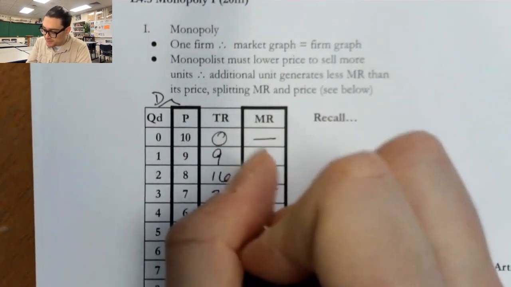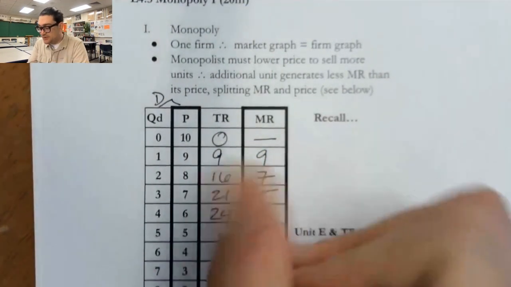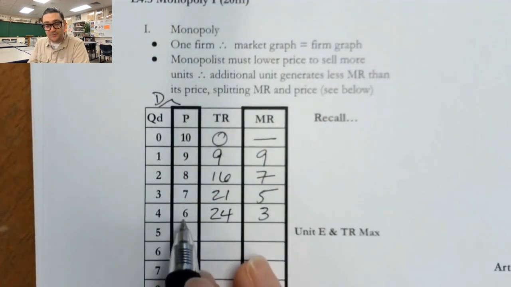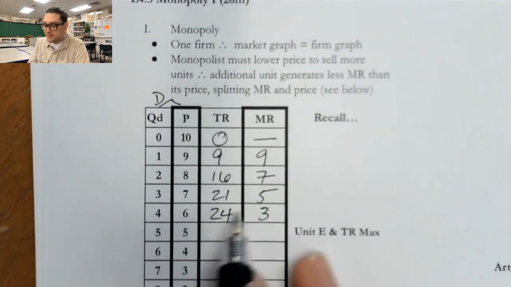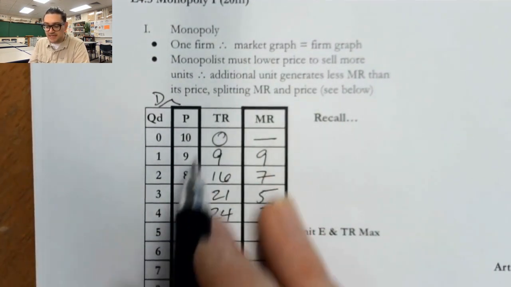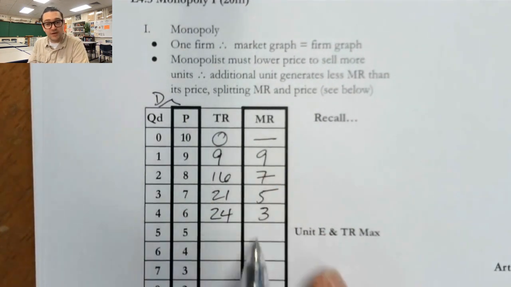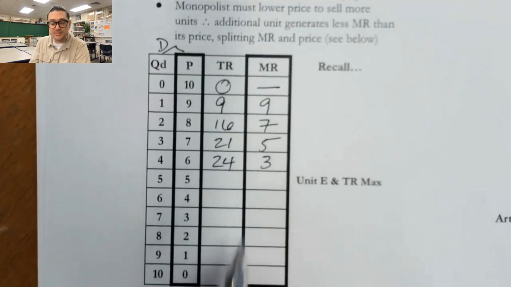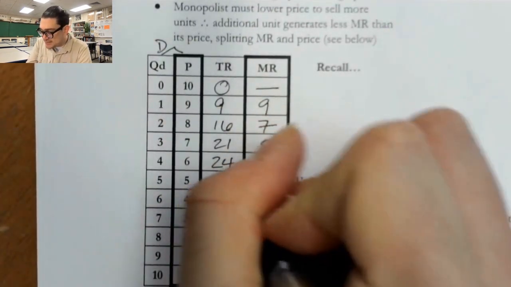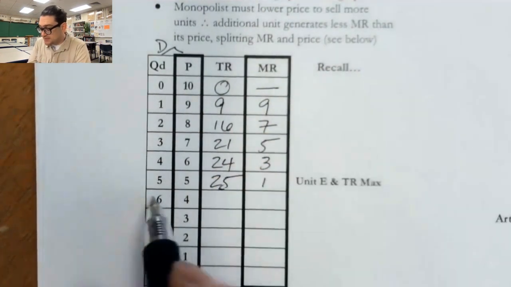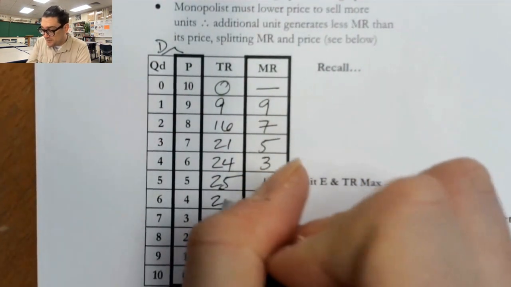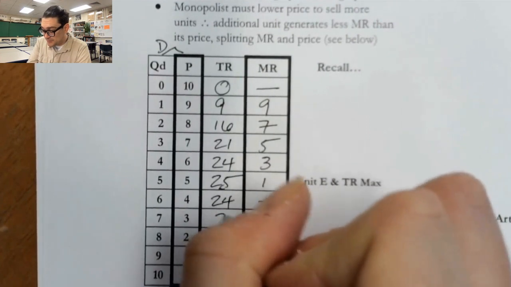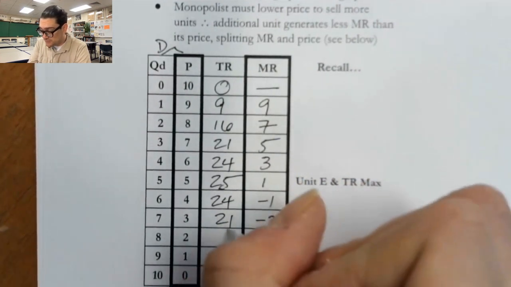So another way to think about it is every single time you're gaining a little bit in terms of what you sell, that's the quantity, but lowering the price means that actually you're going to give up a little bit more as you continually increase your amounts of production. We can see they maximize total revenue at basically this midpoint, and then from there they actually start giving up revenue, and it works kind of in reverse.